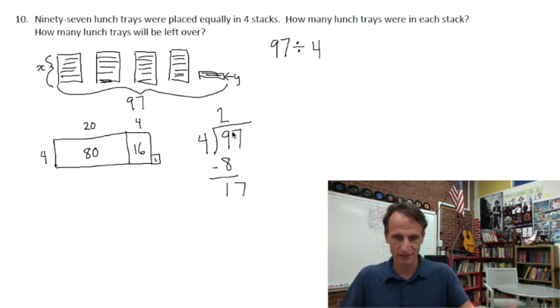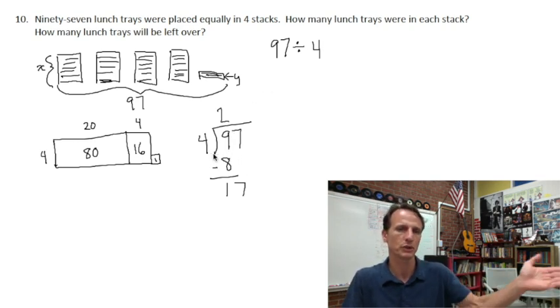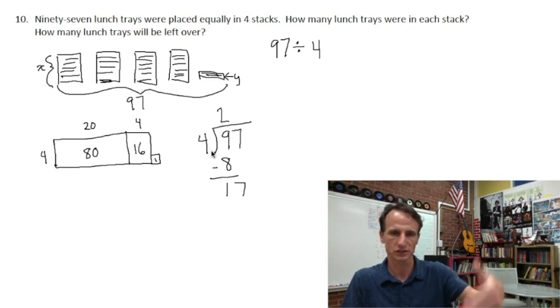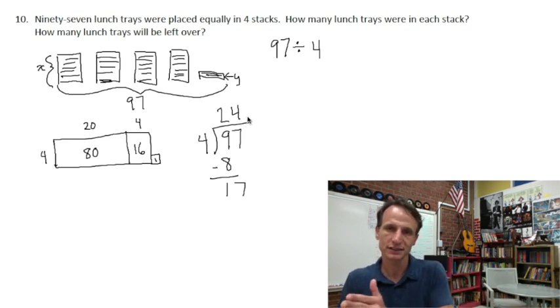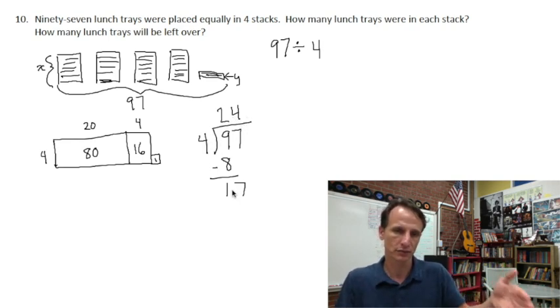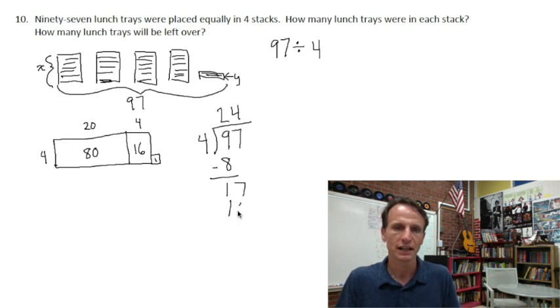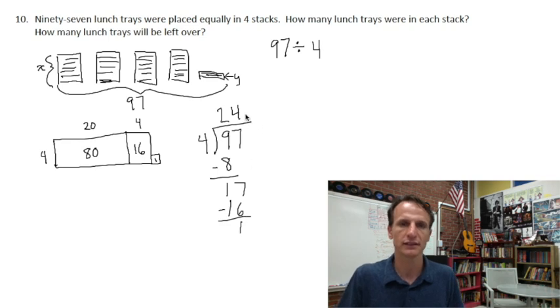And so with these 17 lunch trays, I say, how many can I put in each of these 4 stacks? In other words, 17 divided by 4. Well, I can put 4 more lunch trays evenly in each stack because 4 times 4 is 16. And that leaves me with 1 lunch tray left over, this leftover one. So a remainder of 1.